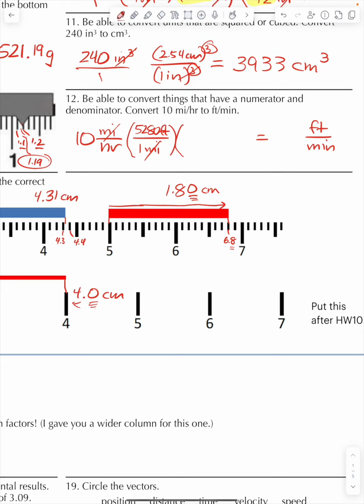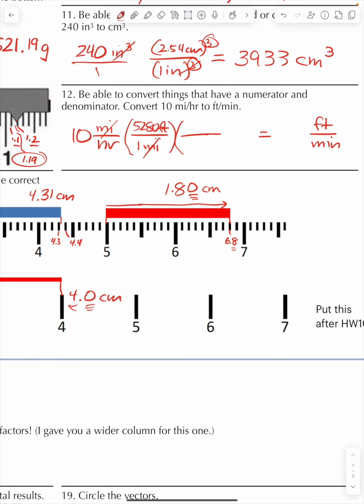Now hours, I'll go ahead and just do it the quicker way. We are going to minutes. I was going to say if we wanted to go to seconds, the shortcut would be 3,600 seconds equals an hour, but we're only going to minutes. So notice we need to use 60 minutes equals 1 hour. But which side does 1 hour go on?